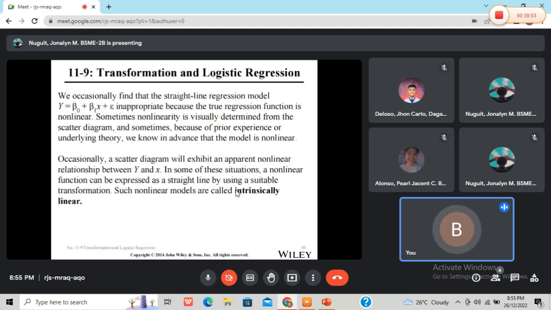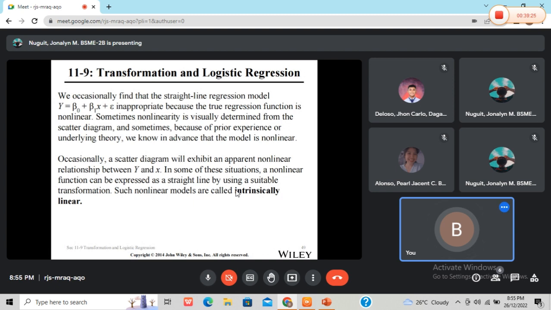Next, transformation and logistic regression. We occasionally find that the straight line regression model y equals beta 0 plus beta 1 x plus epsilon is inappropriate because the true regression function is nonlinear.